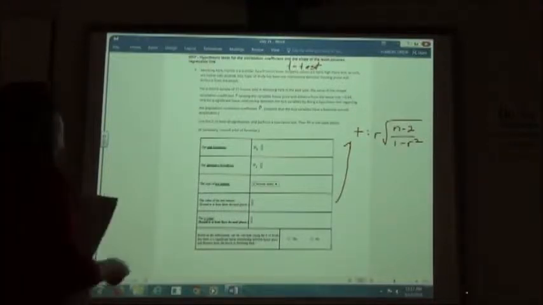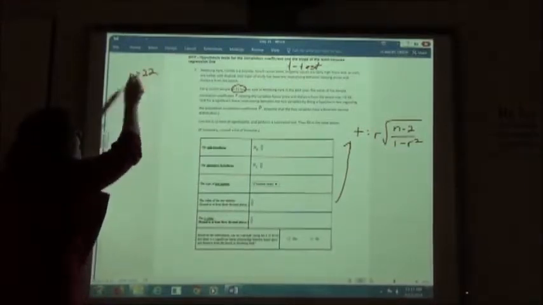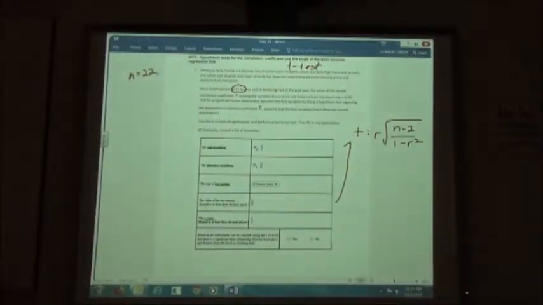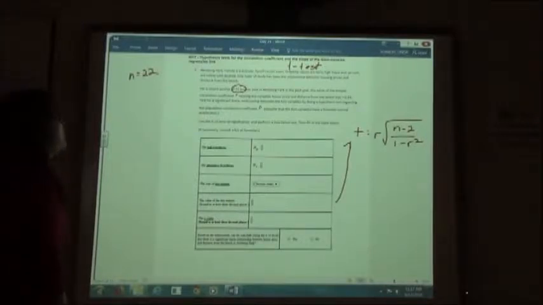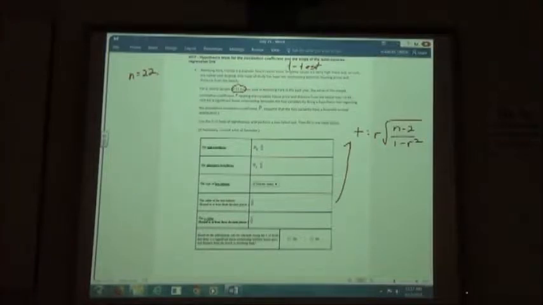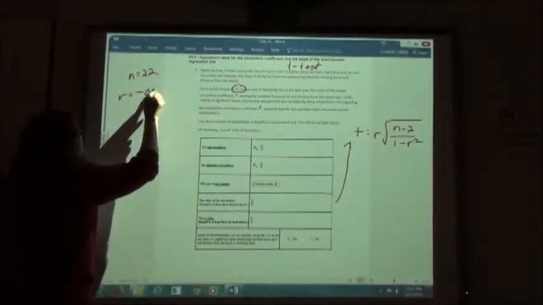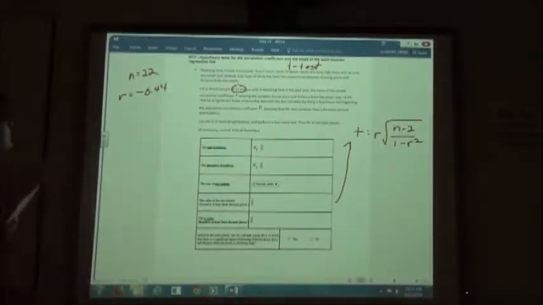For a recent sample of 22 houses sold in Newburgh Park in the past year, the value of the sample correlation coefficient R, relating house price and the distance from the beach, was negative 0.44. So they tell us R is negative 0.44.